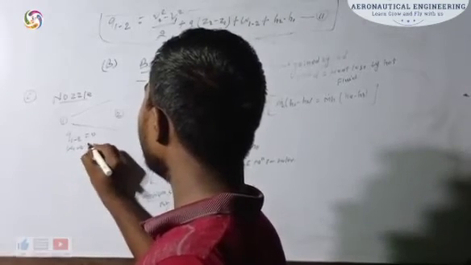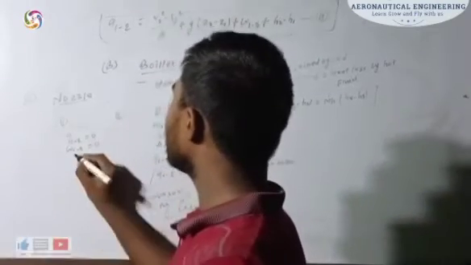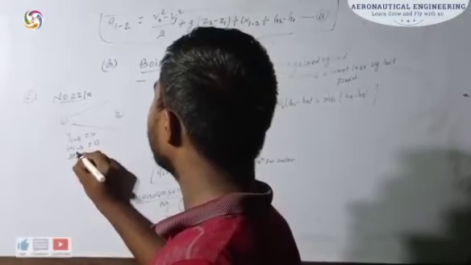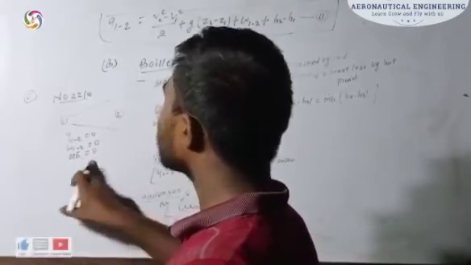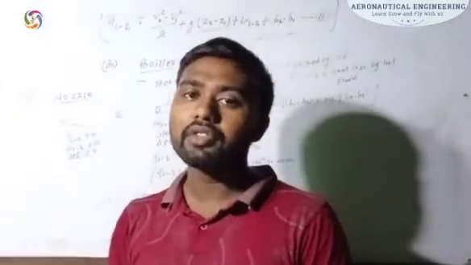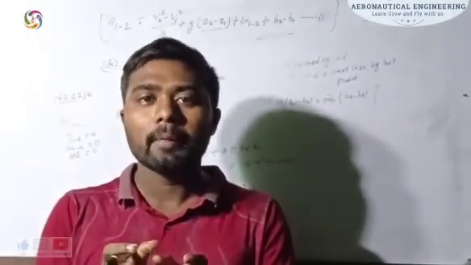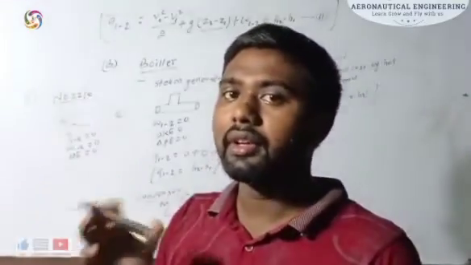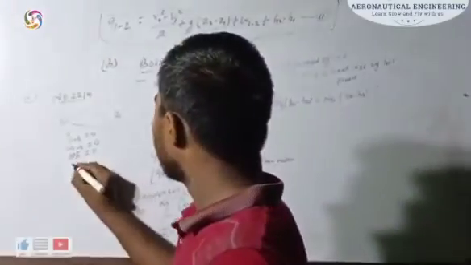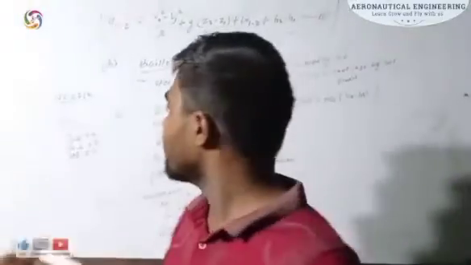There is no work done. So work done also 0. Del P potential energy also 0. But there is a kinetic energy. Because the main function of nozzle is to increase the initial velocity to final velocity. It means there may be a kinetic energy.